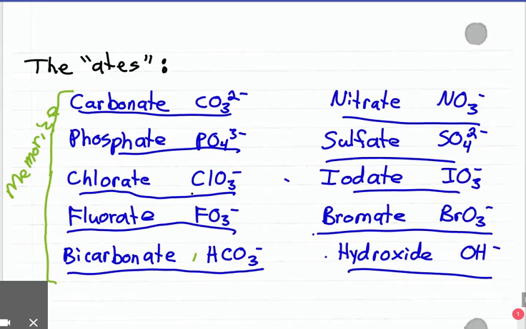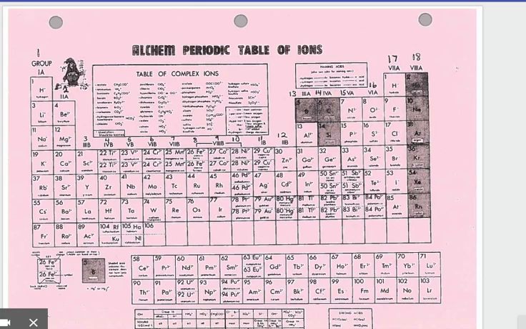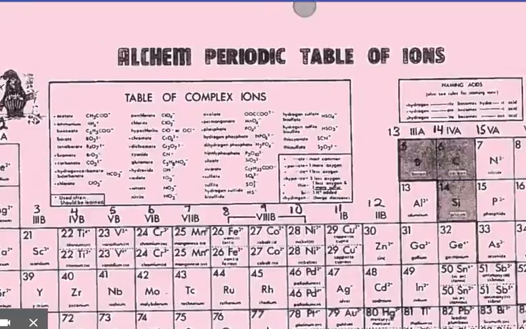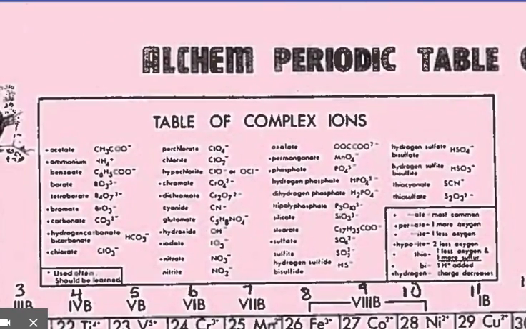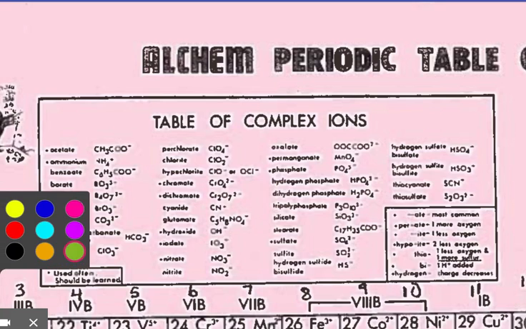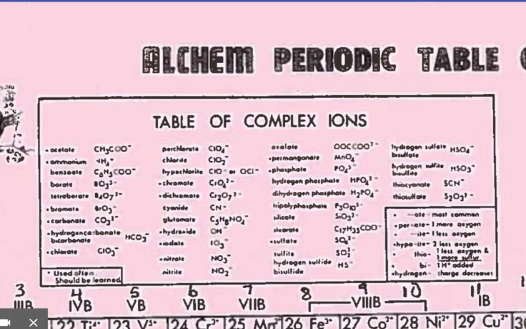So learning the eights can be a little bit challenging to start with, but once you use them frequently, you will just kind of know what they are, just like you know how to spell common words because you write them very frequently. But if you take a look at the periodic table that I've given you, looking on the alkane periodic table of ions, if you look here in this table of complex ions, what you can see is that most of the polyatomic ions are here for you.